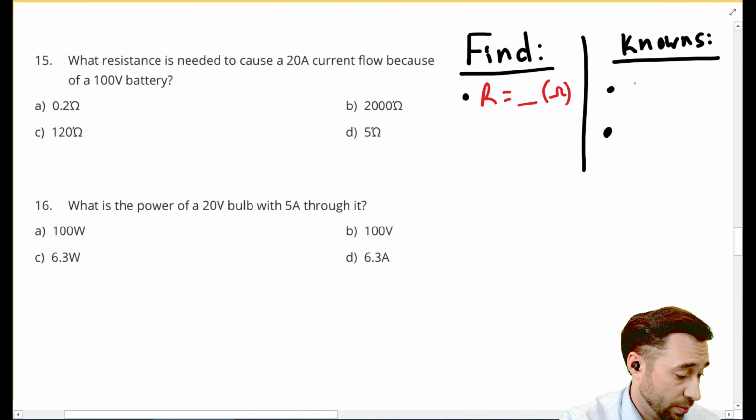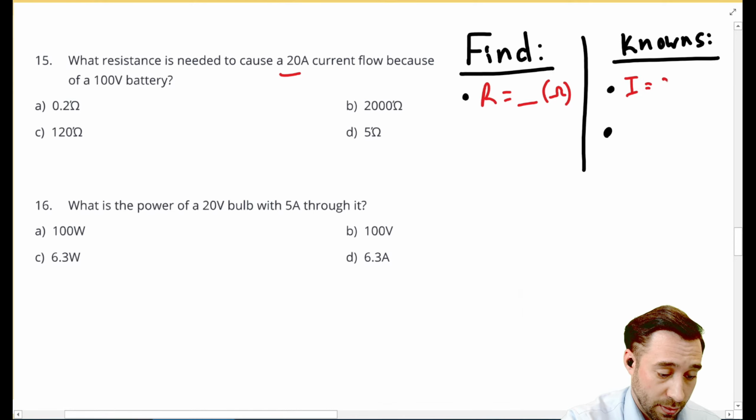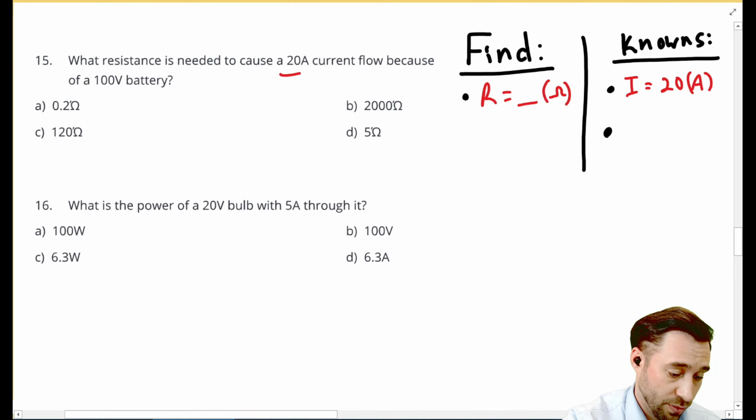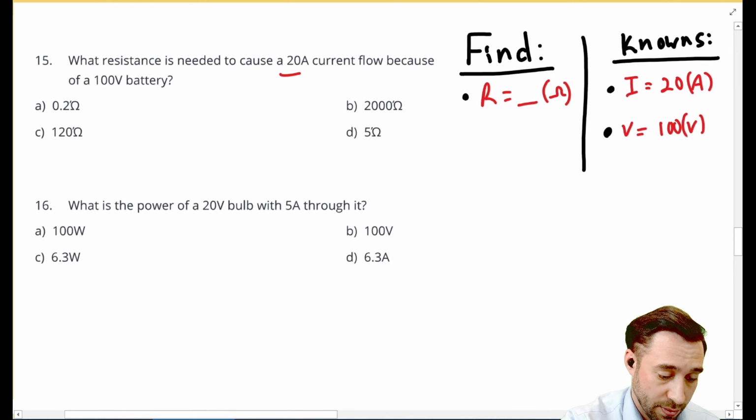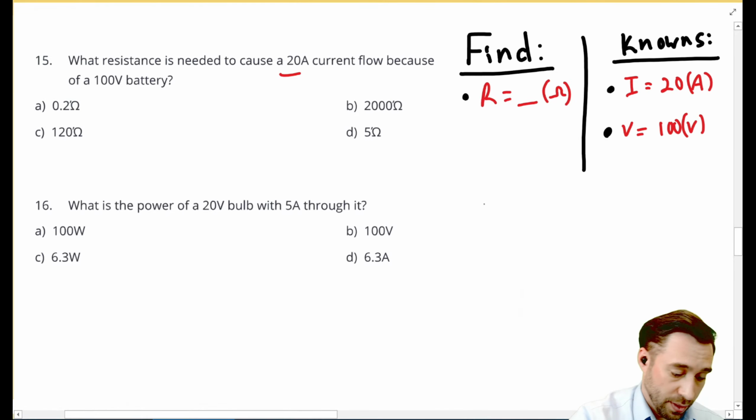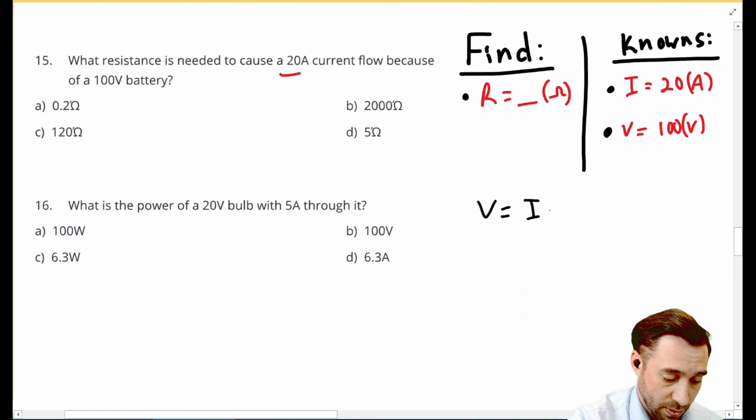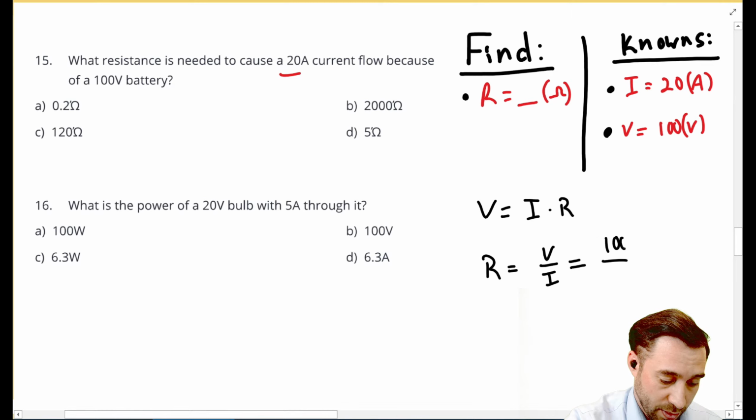All right, and then we have a 20 amp current. So current is equal to 20 amps, and then a 100-volt battery. The voltage is equal to 100 volts. So I'm solving for R. My equation is V equals current times resistance. I'm solving for R. So R is equal to V over I. My voltage is 100.